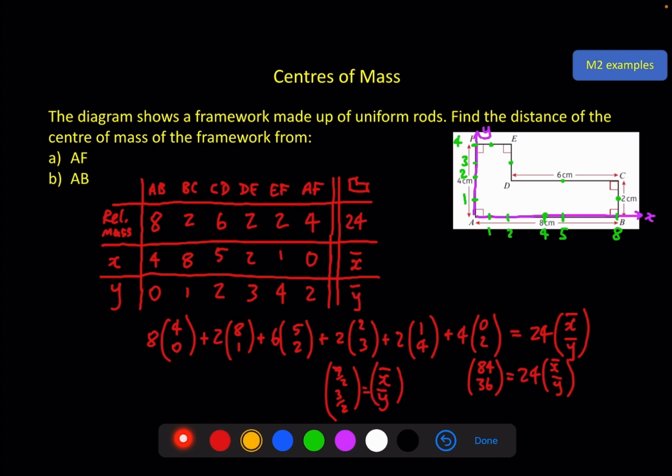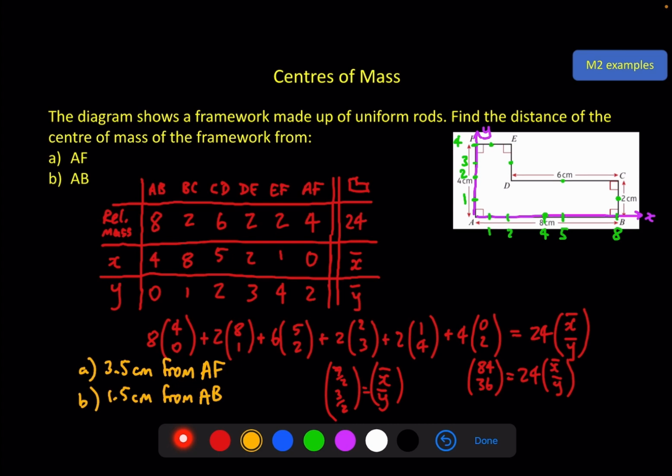So the distance from AF is the x-coordinate, 3.5 centimeters, and the distance from AB, which is my y-coordinate, is 1.5 centimeters. And there we have our final answers.